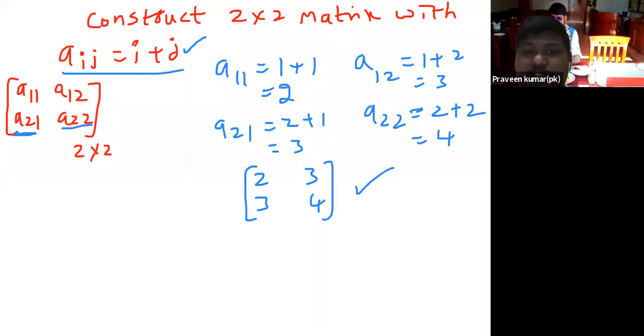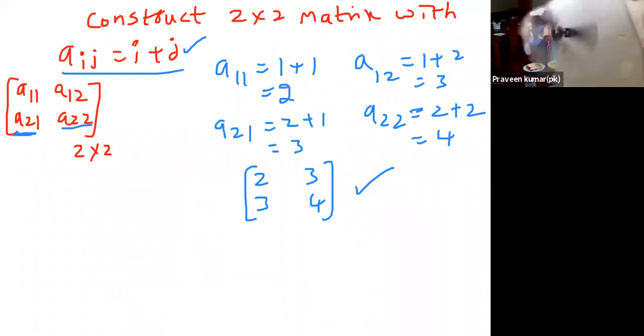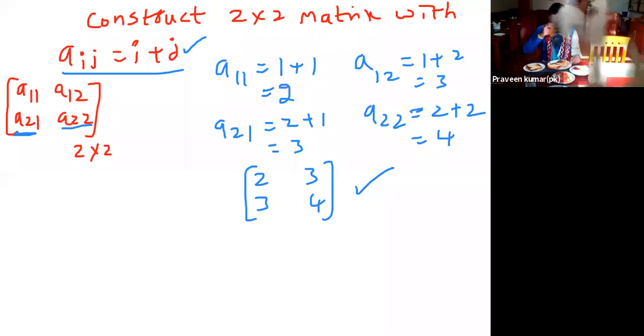So construct 2 by 2 matrix, they said, my dear students. 2 by 2 matrix means, as we know that it contains 4 elements. How to represent those 4 elements? A11, A12, A21, A22. 2 2s are 4 now, so you can close. The given condition Aij is i plus j. We want to find the 4 values. First A11.